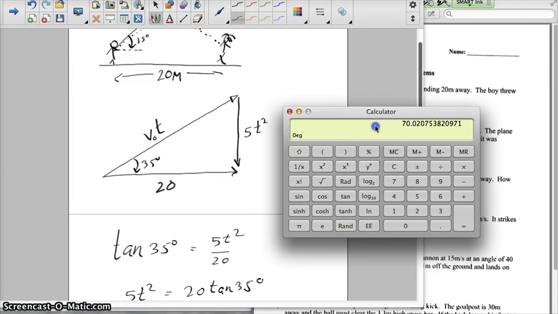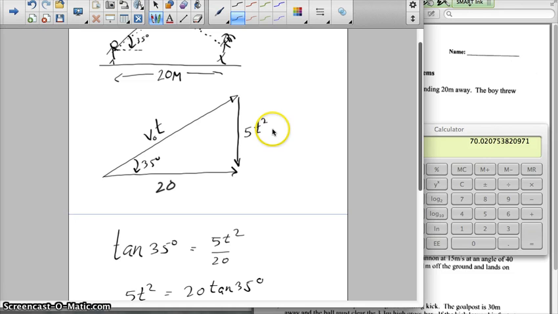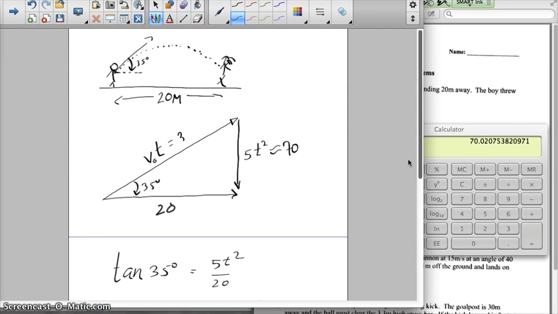So this distance here is about 70 meters. And then I should be able to find the other side. I could use the Pythagorean theorem if I want. This side over here, if my t is 3.7, is going to be 3.7 times my initial velocity.